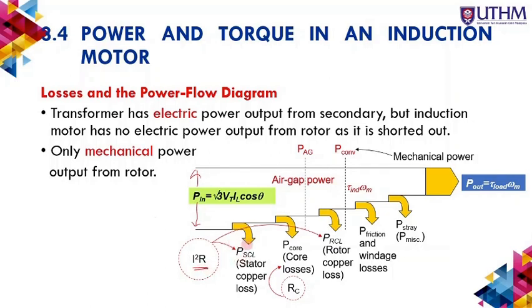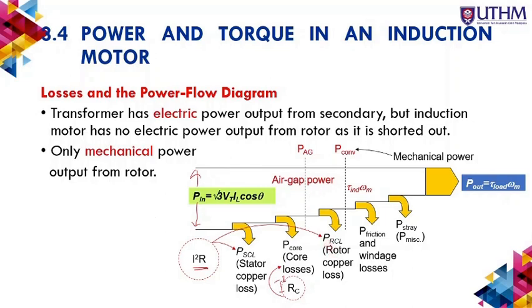In the stator there are also the core losses, at the RC, so core losses are also equivalent to I squared RC. Until this point at the stator, they call it the air gap power, for the stator and also the rotor.